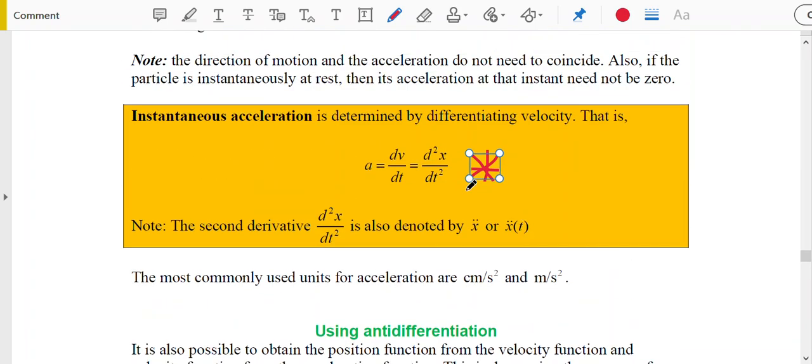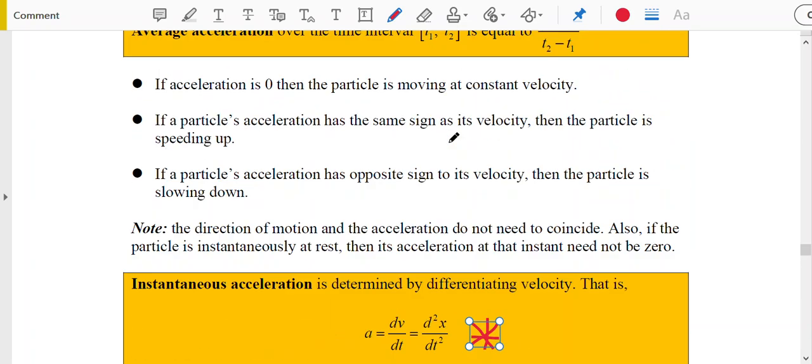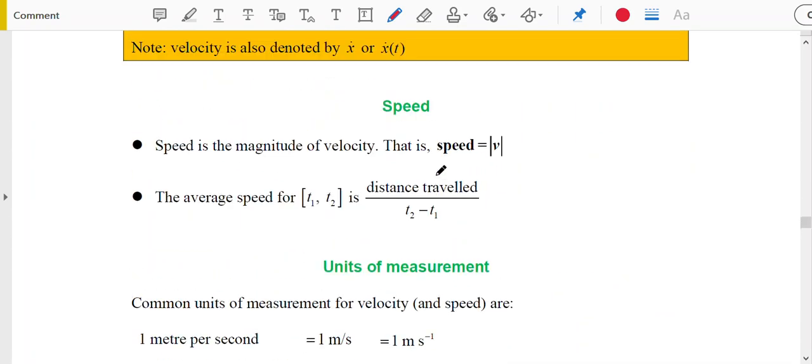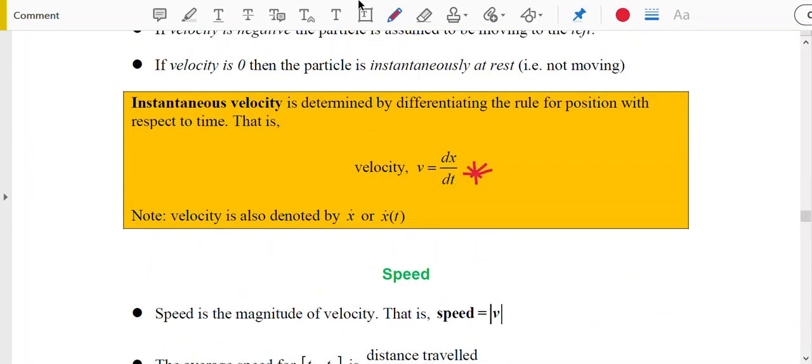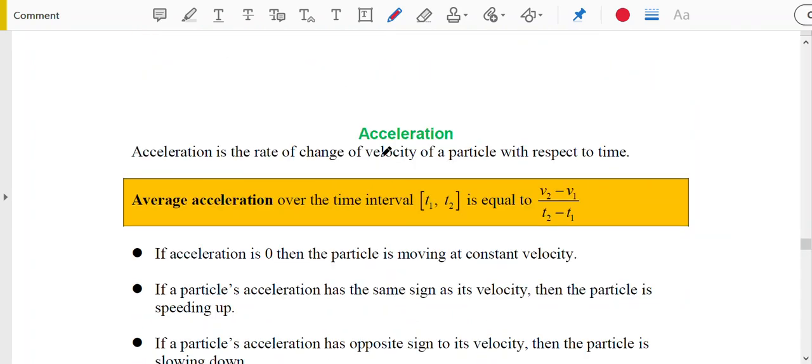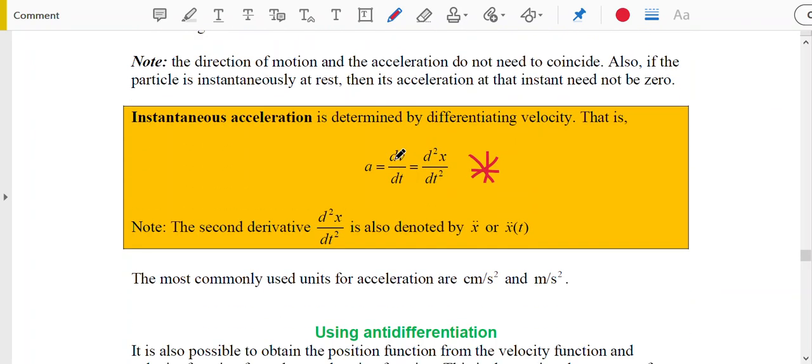Now for us, because acceleration involves a derivative and velocity back here involves a derivative, we can actually move between the three functions, position, velocity, acceleration, using derivatives or antiderivatives, so integration, depending on which way we need to go.